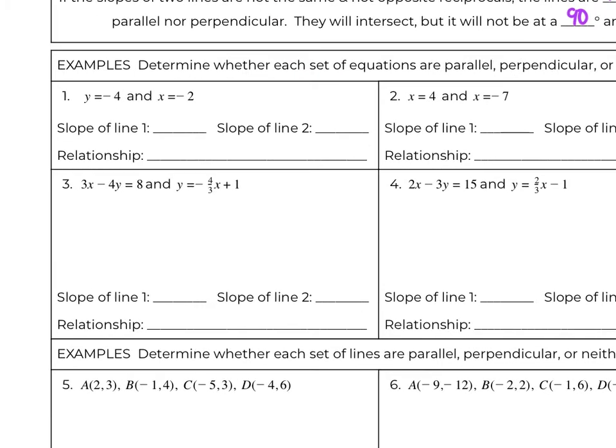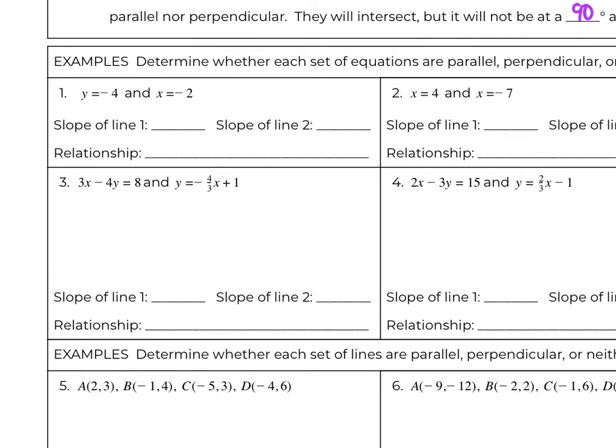Okay, so y equals -4 and x equals -2. So if I said y equals, remember, is that a flat line or a vertical line? Horizontal, so it has a slope of 0. This was supposed to be line 1.